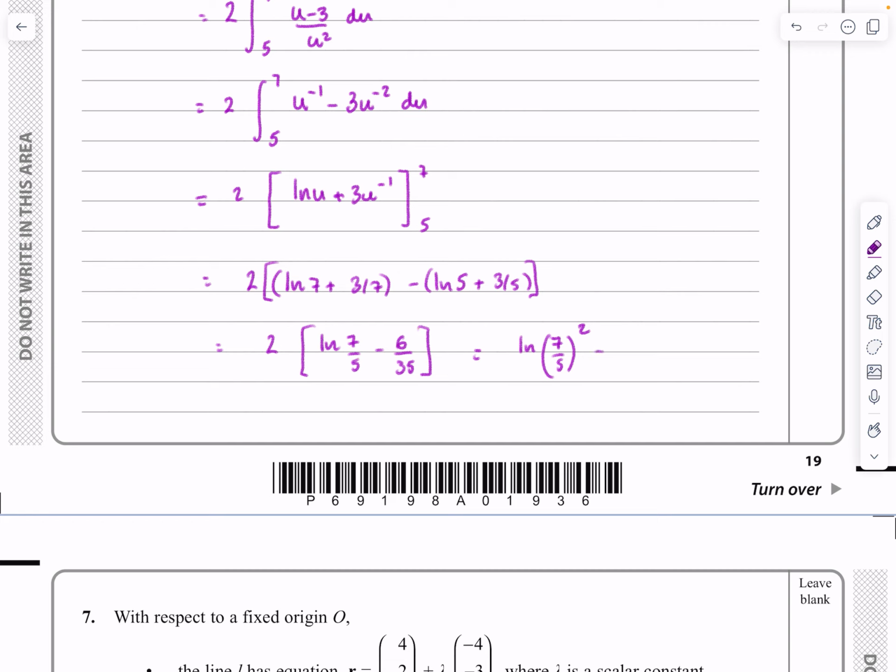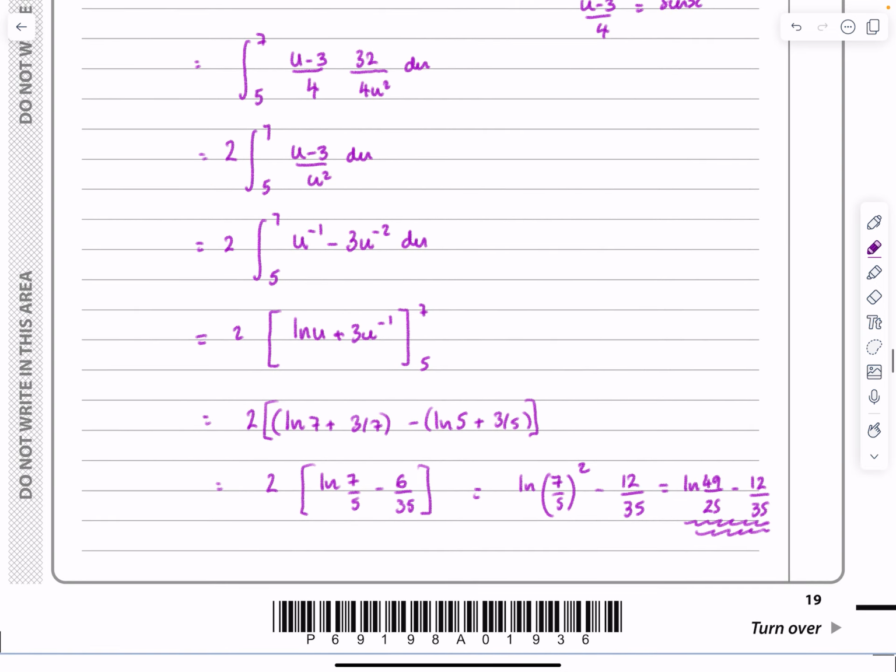And 2 lots of 6 over 35 is that one then. Either that, or I suppose you could write that as log 49 over 25 minus 12 over 35 there. And that is the answer and in the correct format.